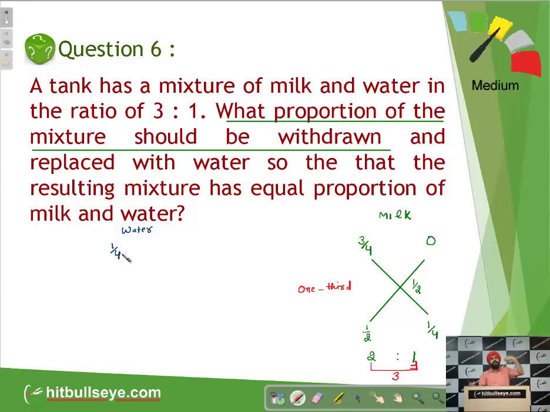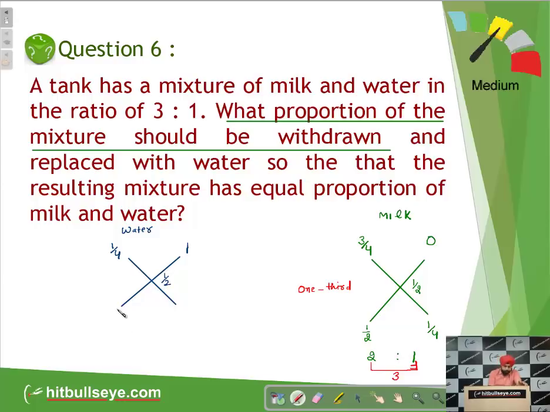Mind it, you are putting complete water only. So in terms of proportion, in terms of fraction, when it is all water, it has to be represented by the value 1. It is 1, the whole water. Now, these are mixed after withdrawing, so that the ratio happens to be 1 by 2.